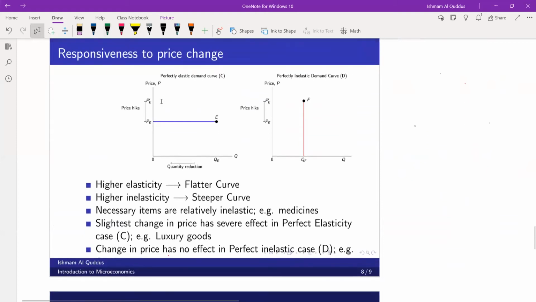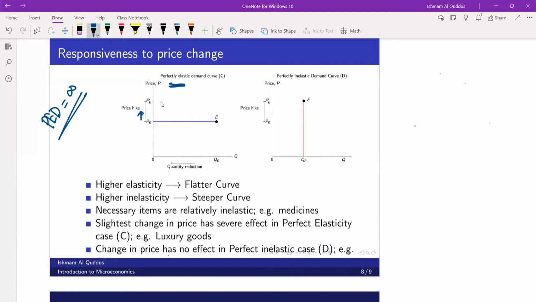Now, another two types would be the perfectly elastic demand curve. This is when we say PED is actually infinite. What it signifies is that even with the slightest change in price, people respond to the change, and they just stop buying that good. They do not have any quantity demanded, even if the price changes slightly.